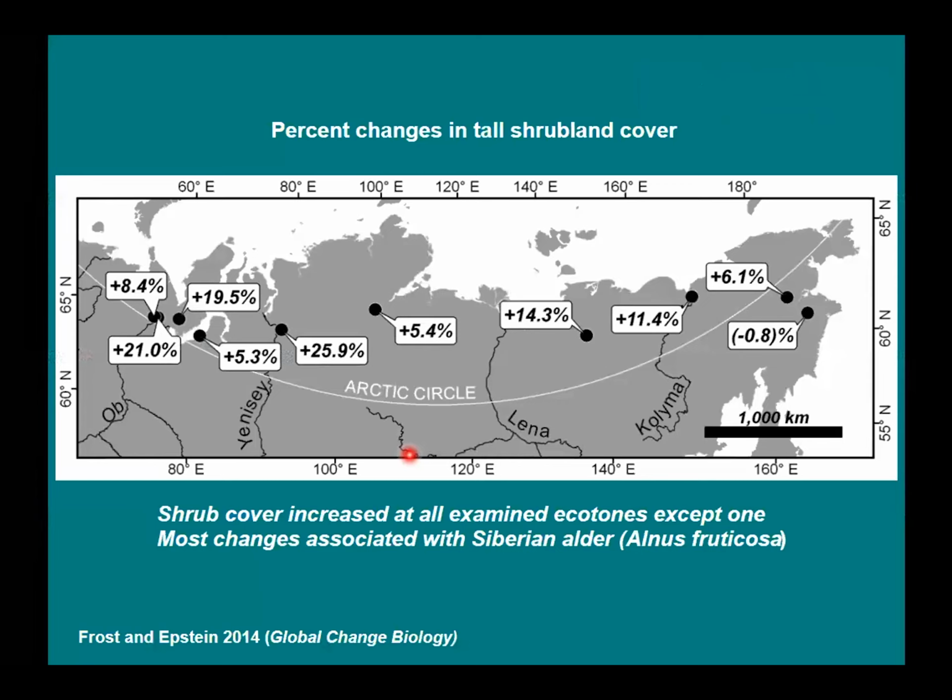And just to put it into a broader context, we did this kind of analysis, this paired image analysis, using the spy satellite imagery as our time 1 and commercial imagery as our time 2. And we were able to identify a rather ubiquitous increase in shrub cover, in tall shrub cover, particularly that one that I pointed out, which is Siberian alder, over a 40-year period in the Siberian tundra.